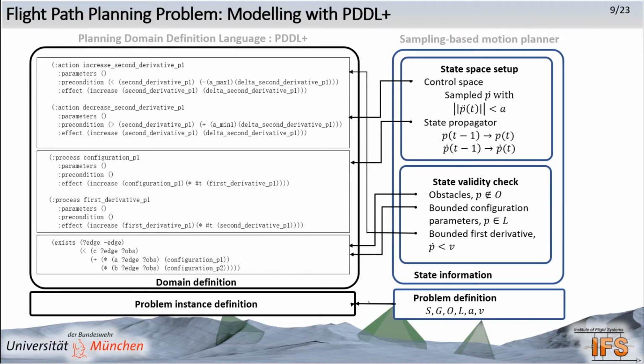In this paper, we provided an overview of how to map the conventional motion planning paradigm to the paradigm in the PDDL+ language. As a rough idea, actions in PDDL+ are comparable to the control parameters, processes are comparable to the state propagator, and constraints are comparable to the state validity check.